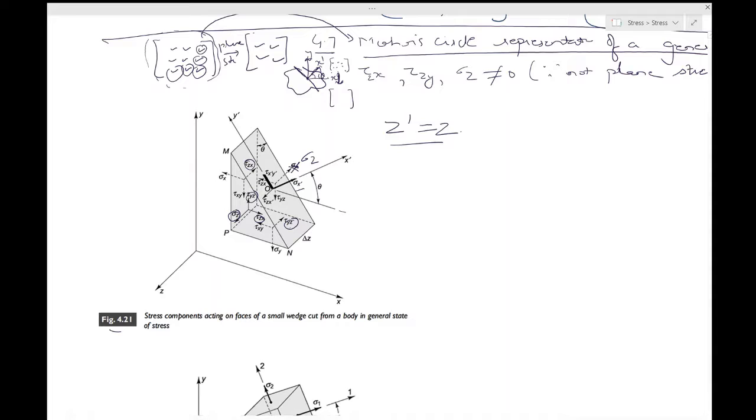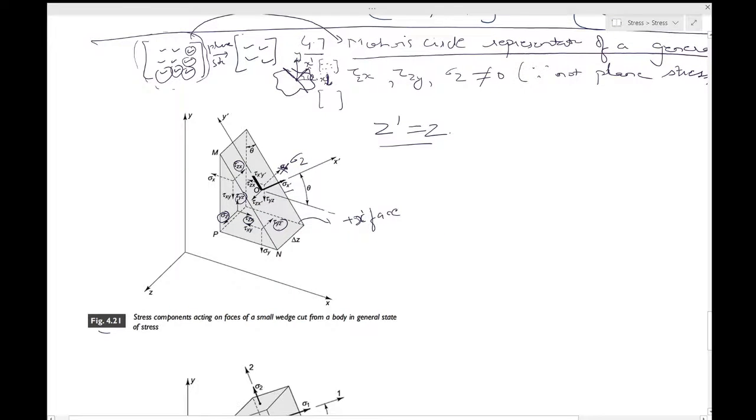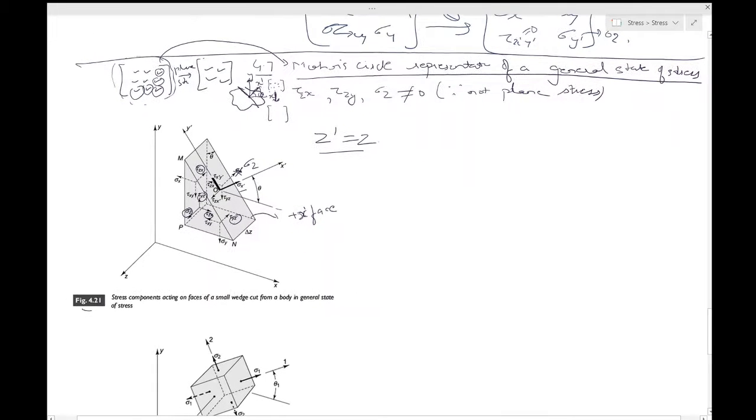So we note that in addition to the components sigma x dash and tau x dash y dash on the plus x dash face, let's just call it the plus x dash face, we will also have a shear stress which is tau x dash z.